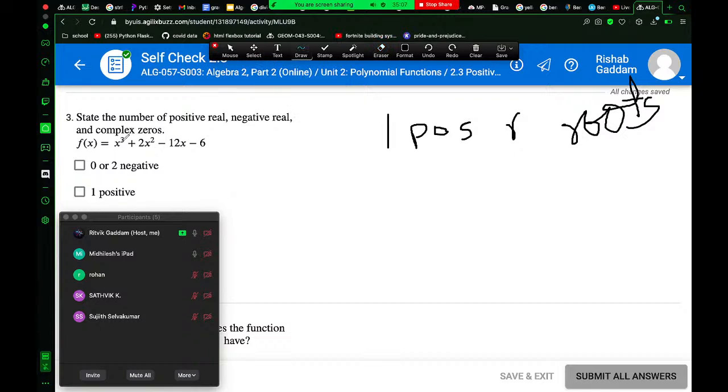So you just look through all of these terms, and how many sign changes are there in this equation, Sujit? Sujit, are you here? How many sign changes are there in this equation?